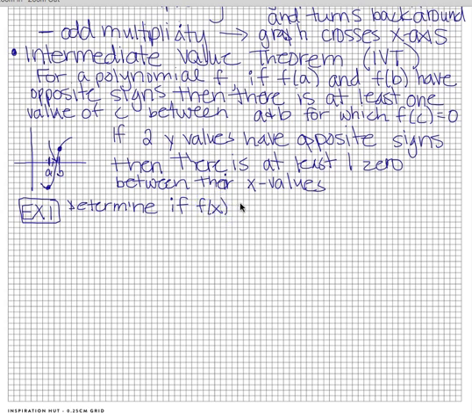So determine if f of x equals x times x minus 7 squared is a polynomial.